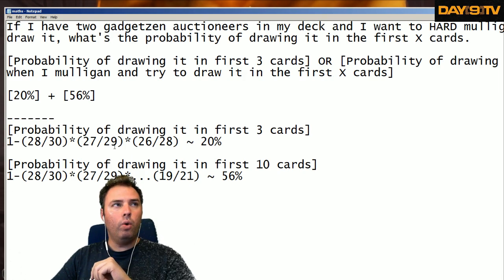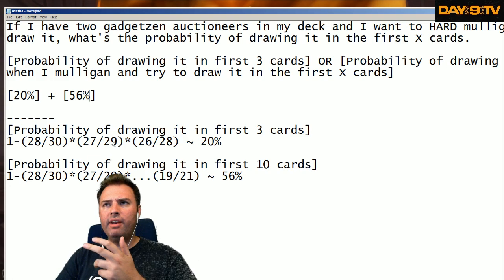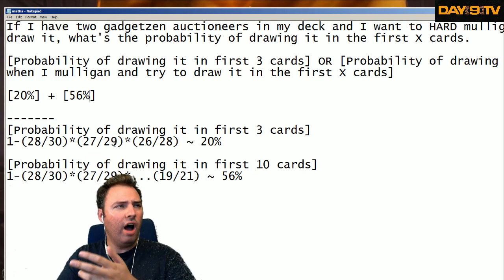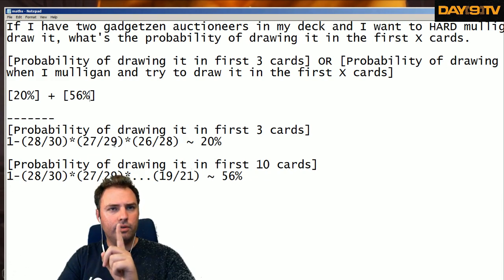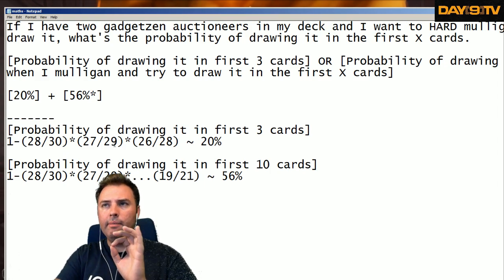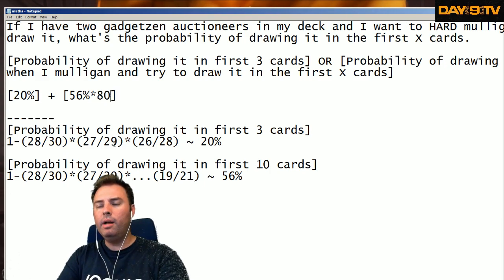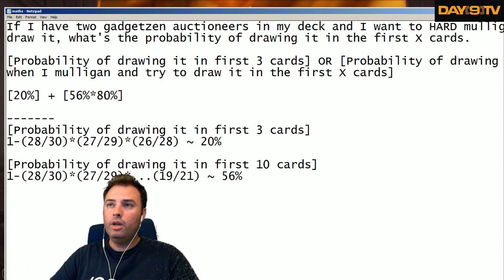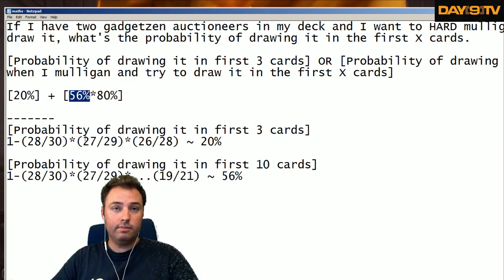But would I mulligan then? No. How often am I mulliganing? I'm mulliganing 80% of the time. So 80% of the time, I'm going to encounter this 56% probability. Right?